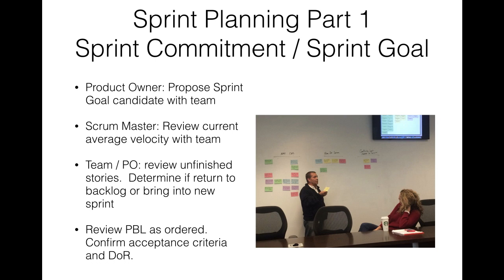It gives the team a vision to rally around so that they'll know the purpose of spending the money that we're going to spend to do the work in the next sprint.